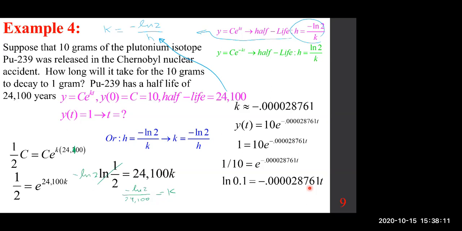And so t becomes over 80,000 years. So the concept of a half-life, we have seen it in algebra. There's really not much brand new stuff here.